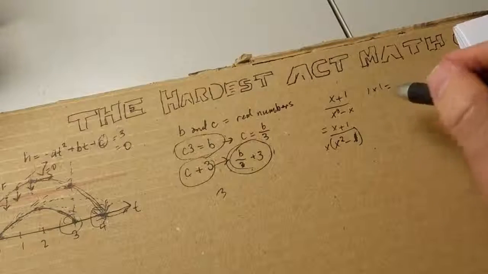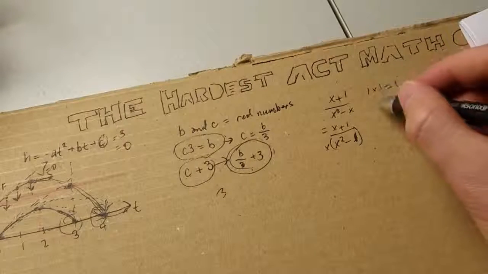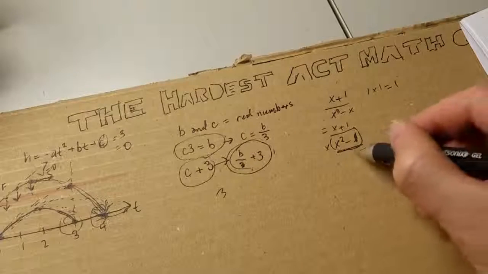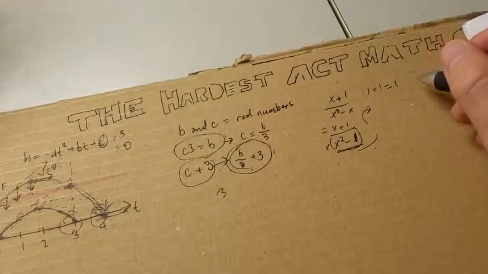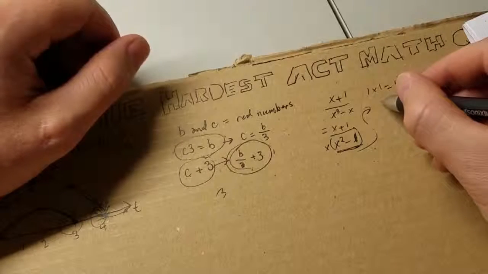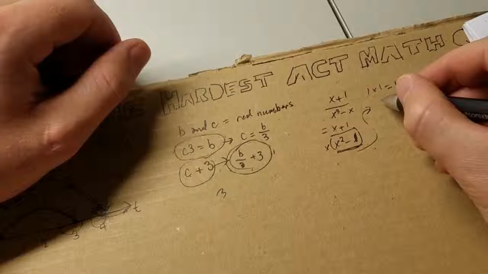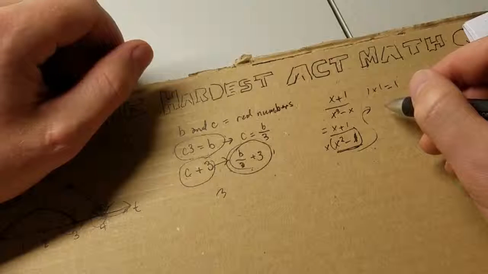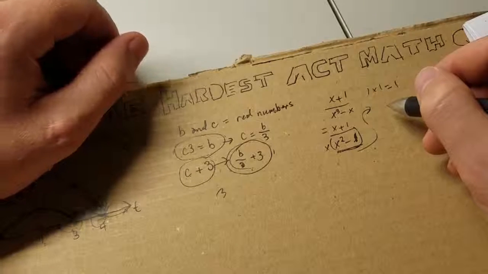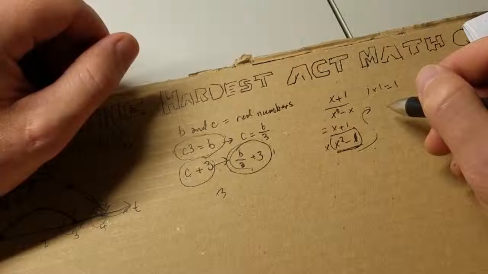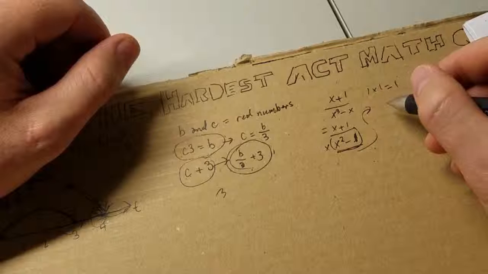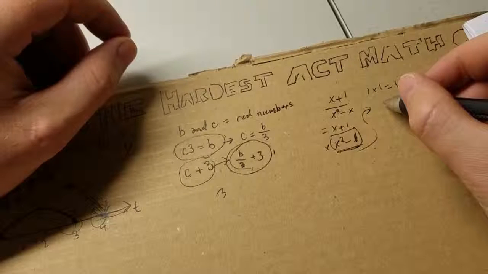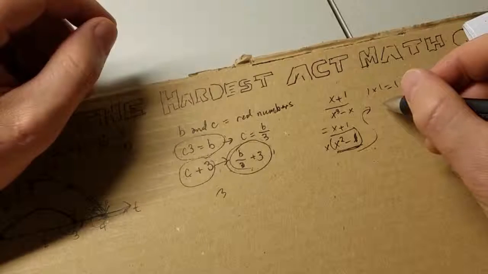So the difference of squares is where we take this and it's like when you try to, what's the word? I forget it.